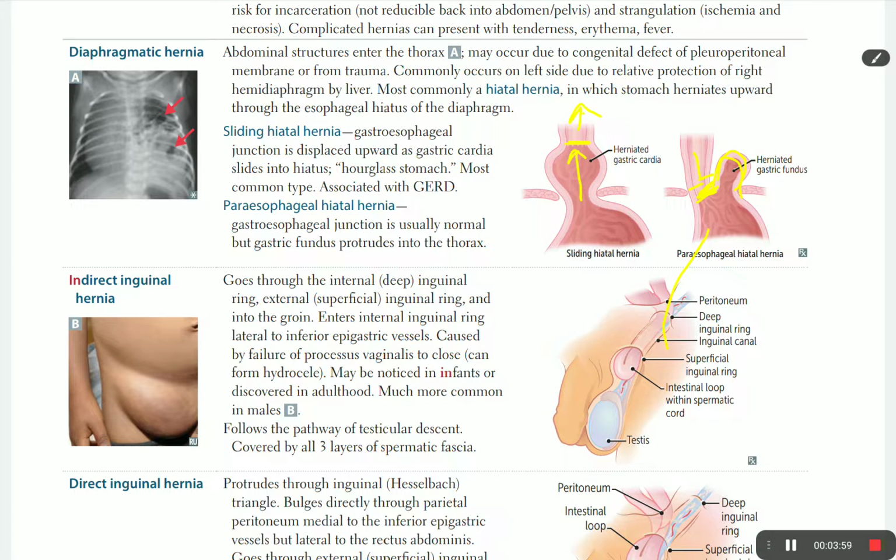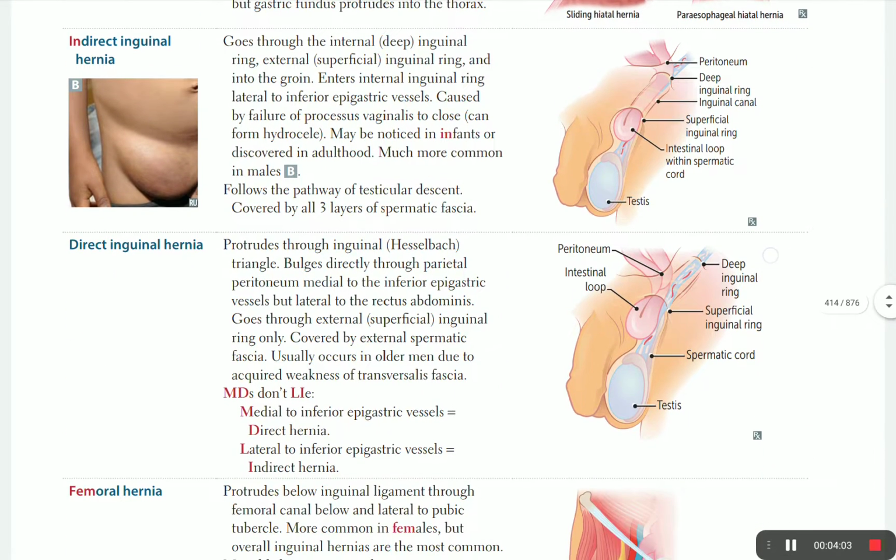Let's go for the inguinal hernia. As we said in the previous video about the inguinal canal, if the peritoneum and the bowel go through the inguinal canal, we call it indirect inguinal hernia.